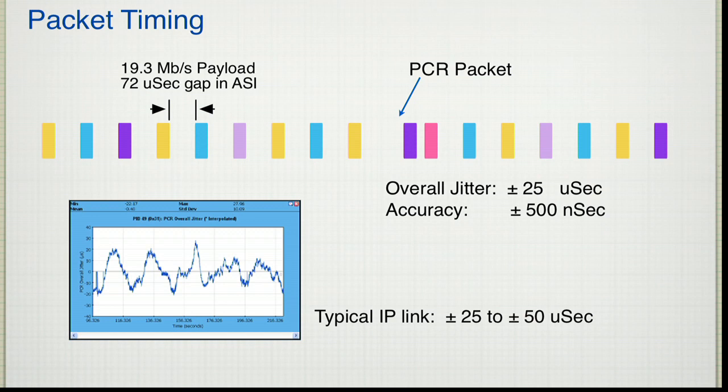It's common, especially in an IP link, to see overall jitter of as much as 25 or even 50 microseconds. That is quite a challenge in a broadcast plant where perhaps an IP link is part of the processing chain. So that's a challenge we also took on, again, with our 4500 series transport stream processor.